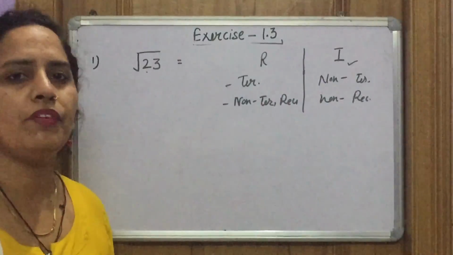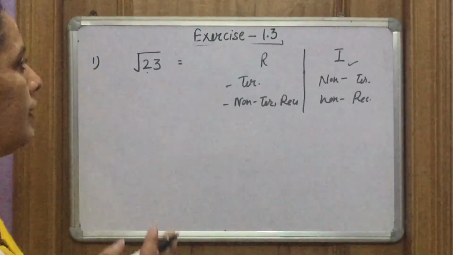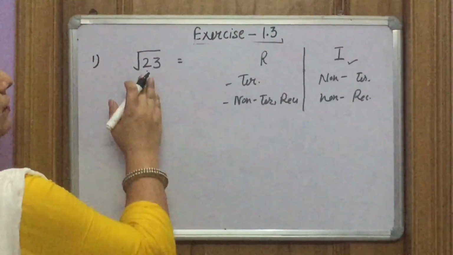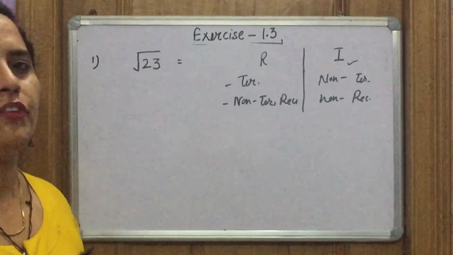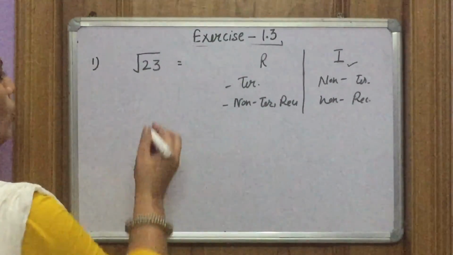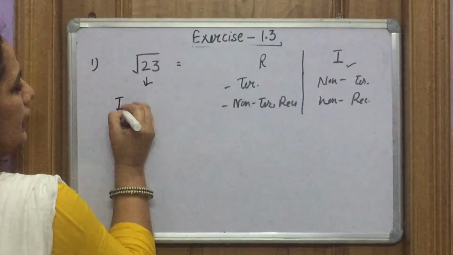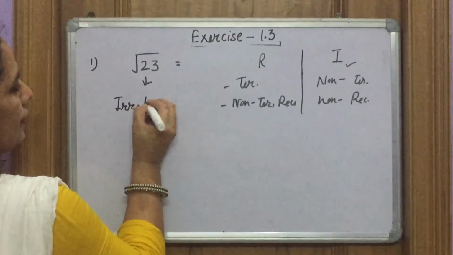And if we have a prime number in the square root, then its division will not terminate and will not repeat. So it will be an irrational number.